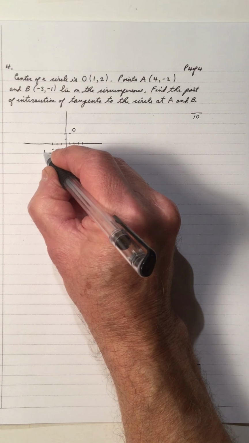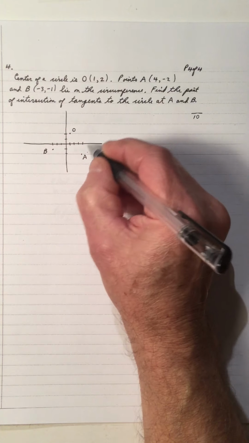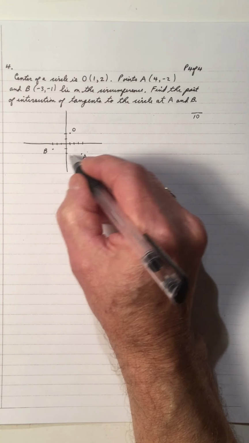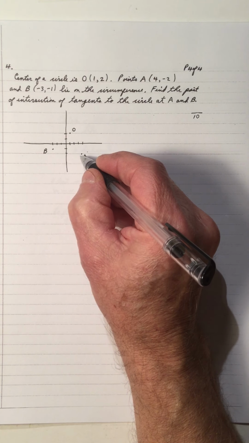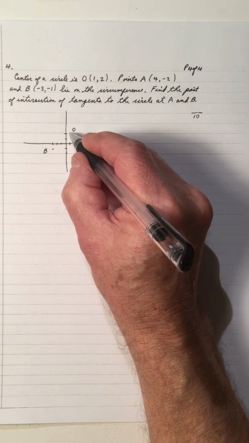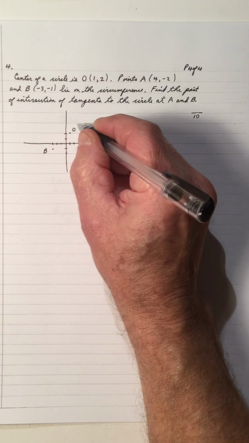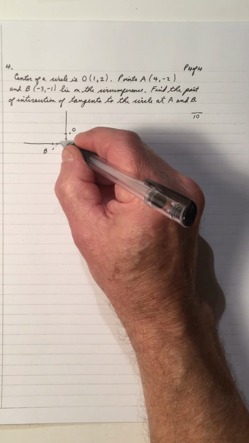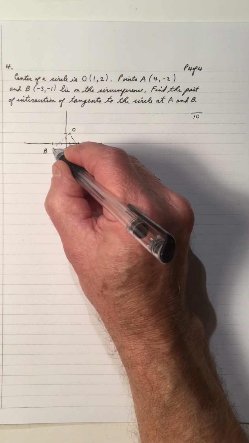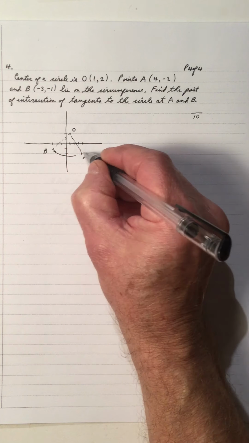So there's B. And it says that these 2 points A and B lie on the circumference. So this is O as the center. So this is a radius right here, and this is the radius right here. So the circle goes out through here like this.